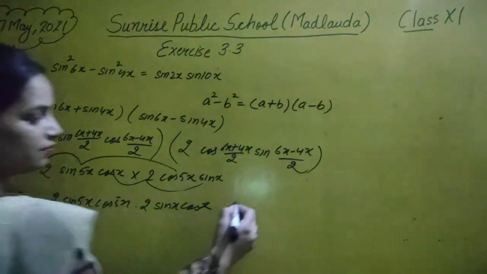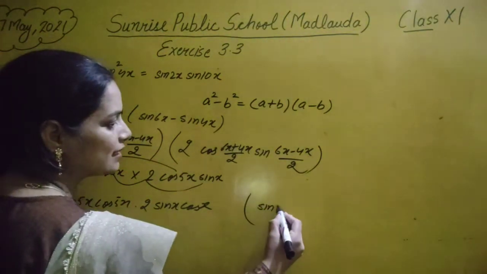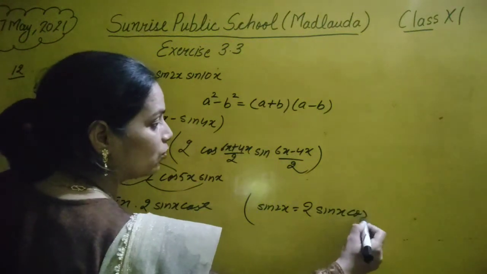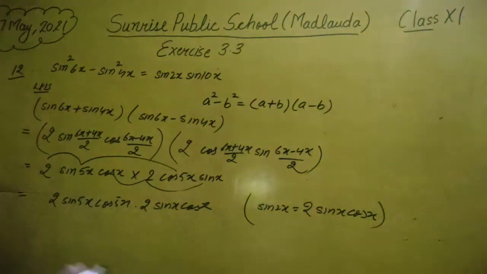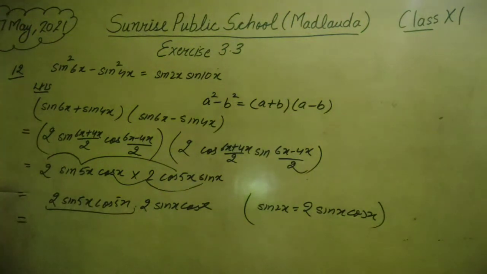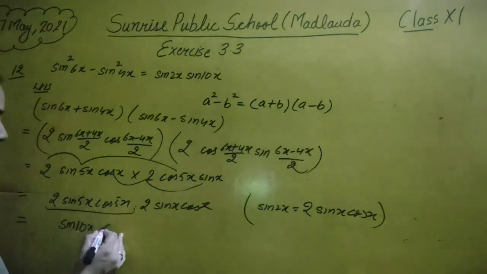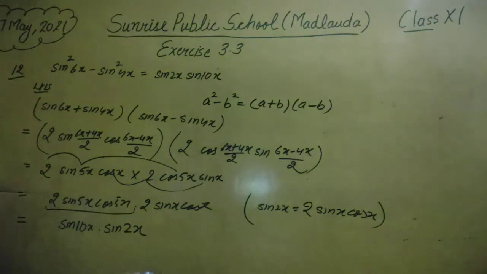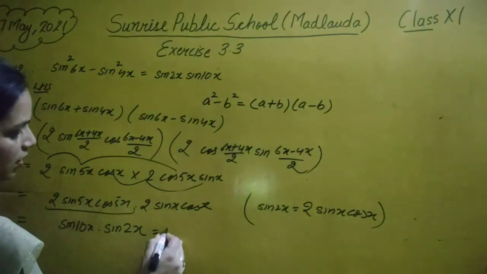And we know that sin 2x is always equal to 2 sin x and cos x, as we did in the first identity. So according to that, at the place of 2 sin 5x and cos 5x we can write sin 10x, and at the place of 2 sin x cos x we can write sin 2x, that is equal to the right hand side.